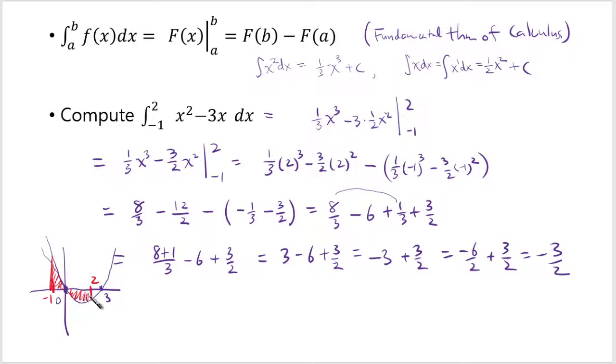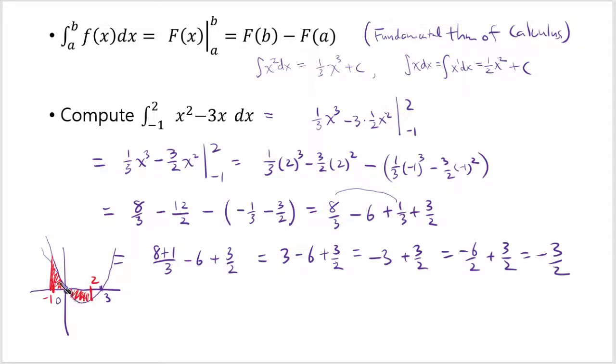between the curve and the x-axis, and it's called the net area or signed area because when the curve is above the x-axis, it's considered a positive number, and if it's below the x-axis, it's considered a negative number. So it's this area minus that area, and just by the picture you kind of see that this area is more, right?